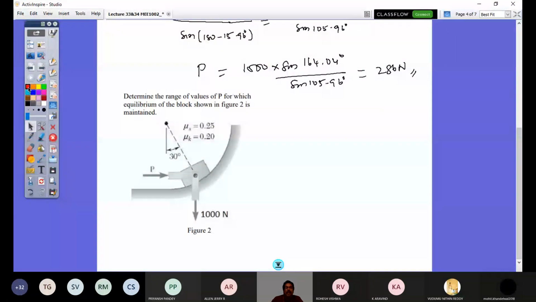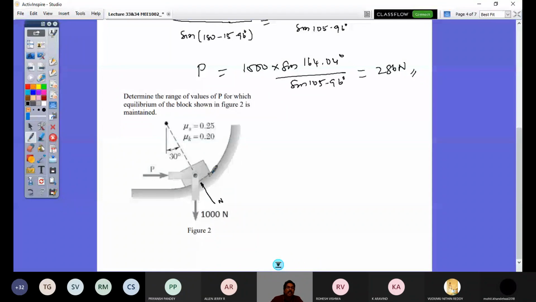So what is the free body diagram? Of course, this weight acting down here 1000 Newton and P, and I would have now my normal here N, and this friction force would have a tendency opposite to this expected motion. So that would be here. That is 0.25 times N.